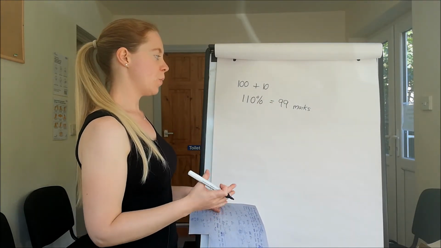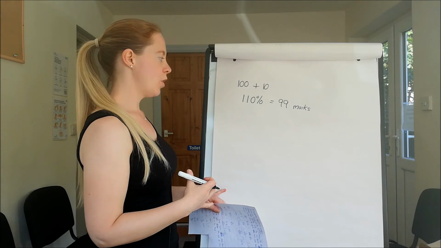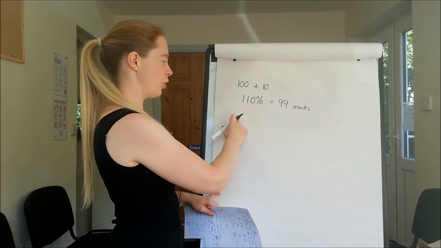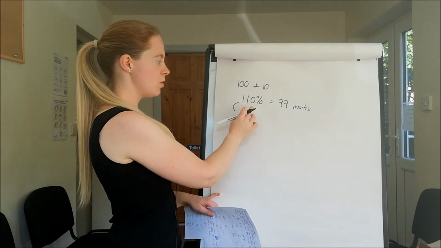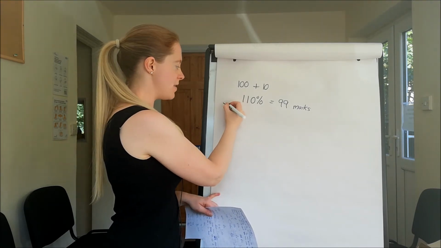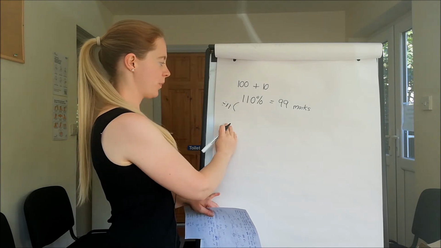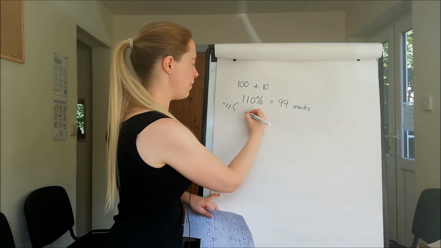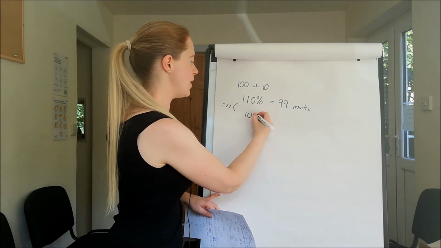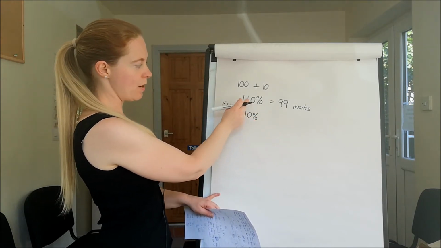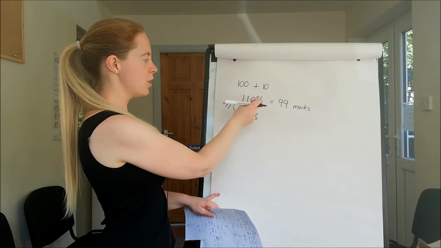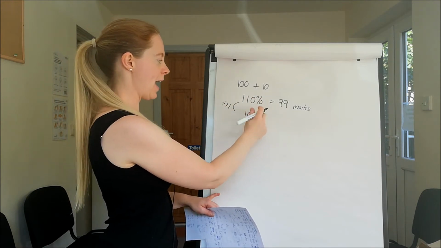So if we were doing this without a calculator, we'd be looking for a chunk that we could scale down to, which would then fit into 100. So if I divide this by 11, that will leave me with 10%, because clearly 11 times 10 would take me back to 110. So if I divide it by 11, I get 10%.